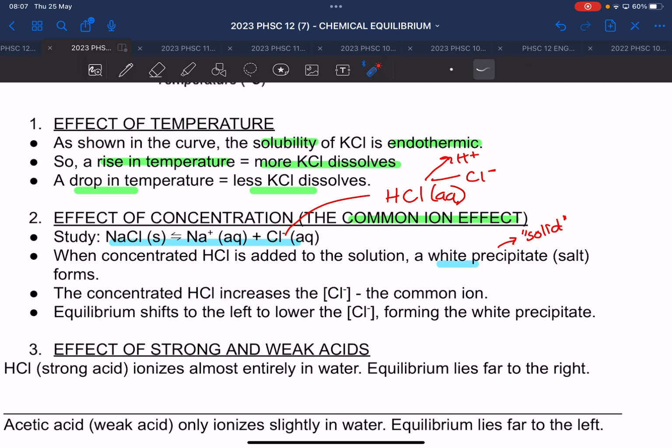Why does that happen? Because concentrated hydrochloric acid has the chloride ion in it, and that is the common ion, the ion that's the same for both. So when we add the chloride ion, the equilibrium will shift to the left, making more sodium chloride, forming the white precipitate.